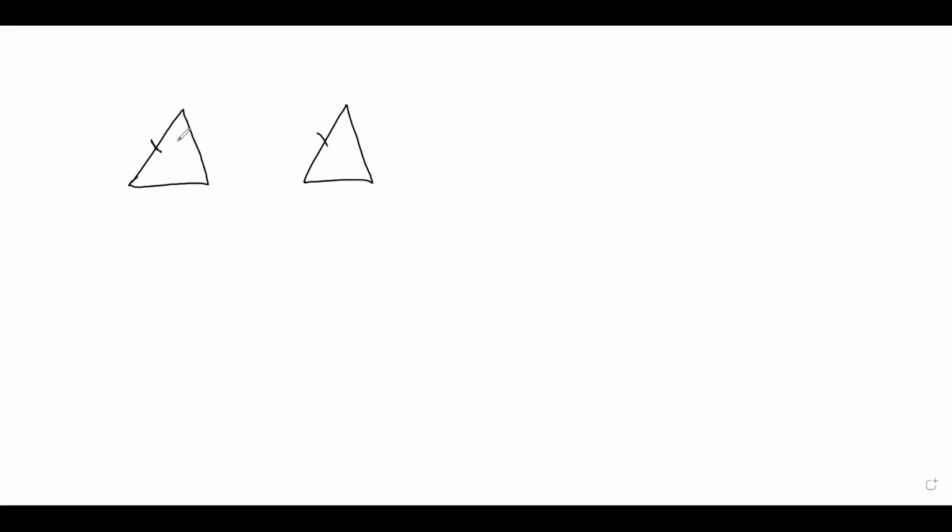So the corresponding sides on these 2 triangles, this one corresponds to that one, this corresponds to this. So this is side, side, side. If you can prove that all 3 sides on the 2 triangles are equal, therefore those 2 triangles are congruent.